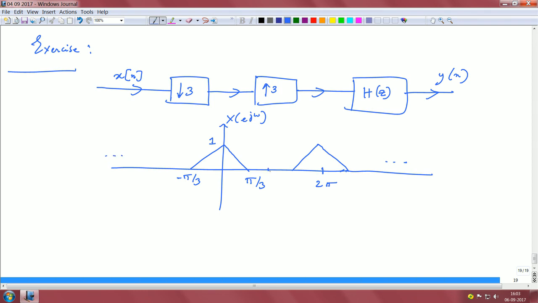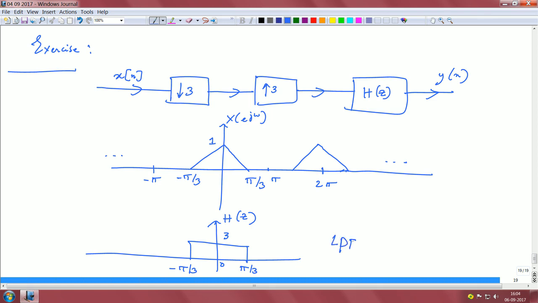Let us say this is π, this is minus π. This scale is not exactly perfect, but I think you can see the conditions here, and my H(z) is a filter which is basically a brick wall filter, but with a gain of 3. Right, this is a low pass filter.